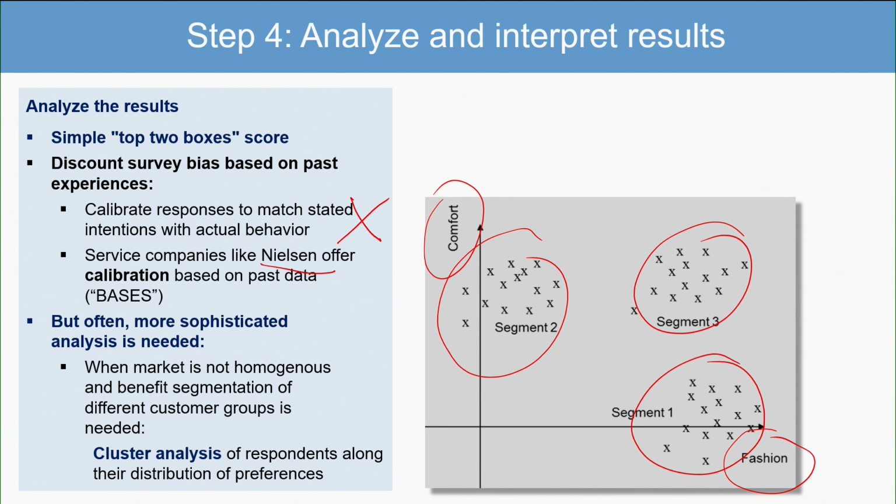Then you'll probably need 3 products. Or you just make this number 1 product, but perhaps it's the most expensive one. So therefore, often what's done with the results is a cluster analysis, where we really try to understand if there are different market segments that have different expectations of our novel product.